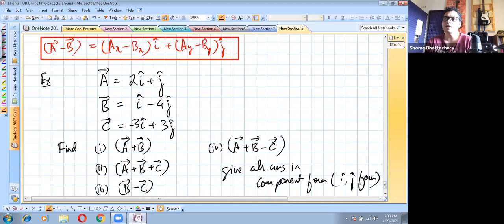So when you substitute by, make sure you substitute -4 over here and not 4. Yes, your components of a plus b are correct. Good.